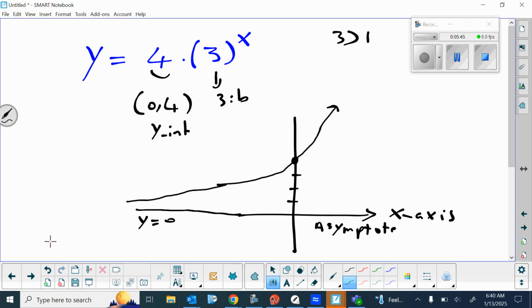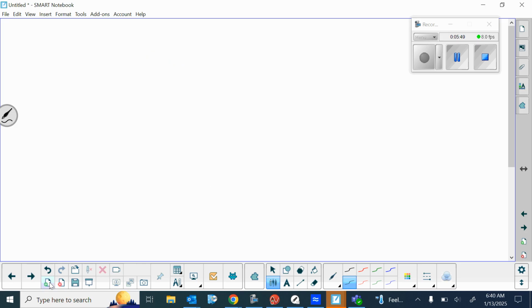So this is the concept of exponential. The exponential function is y equals a times b to the x power. The a, the number without exponent, is the y-intercept. That's the initial value, the value you start with. And the b is your rate.